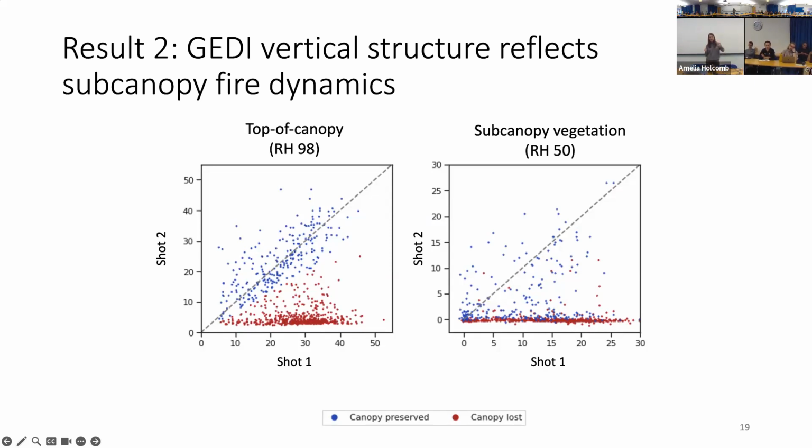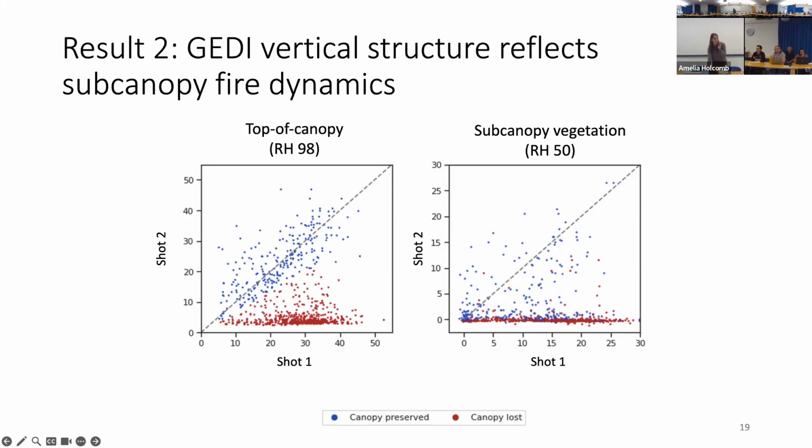Here in blue are the samples where the top of canopy height doesn't show very large losses after the fire, so you can see those are falling along that y = x line. But on the right, we see that the understory height does show really big losses in almost all of those samples. These graphs are very clear, but they're also a bit of a lie.